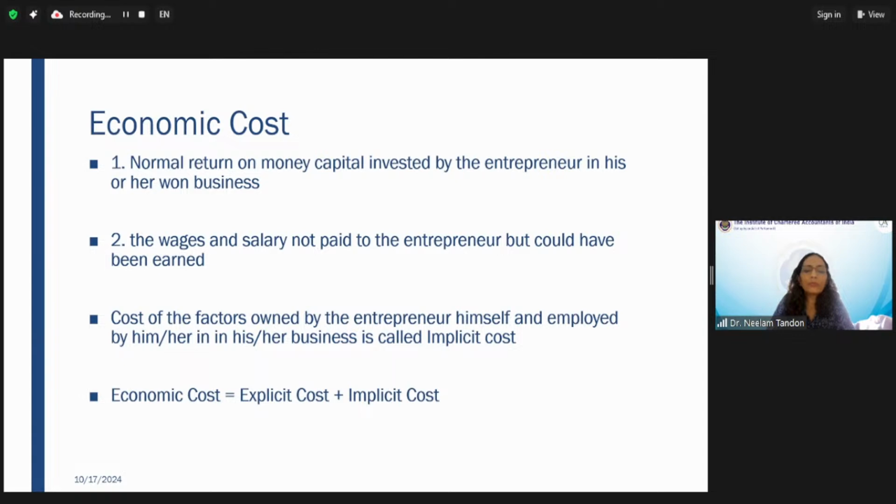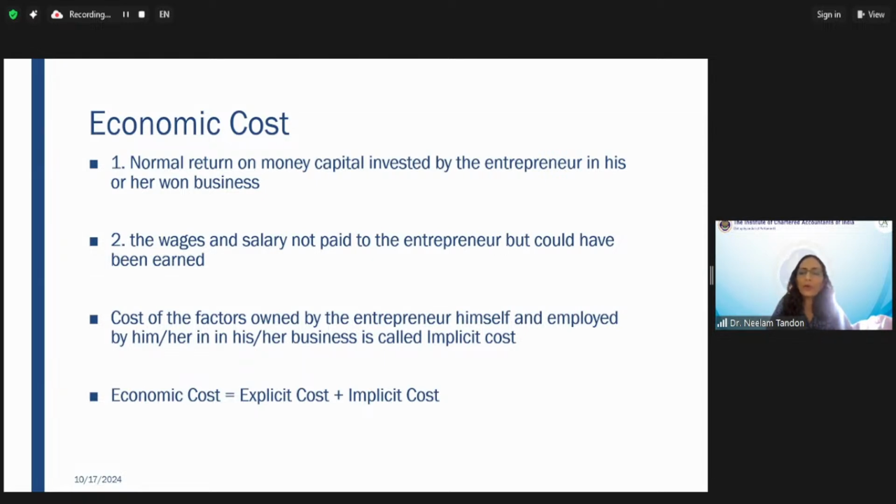Another example of implicit cost can be, for example, you are working in your own organization, and you feel that you have saved money by not hiring someone who can advise the company, and since you are rendering services by yourself, no cost is incurred.